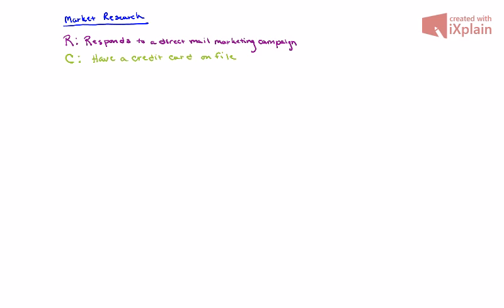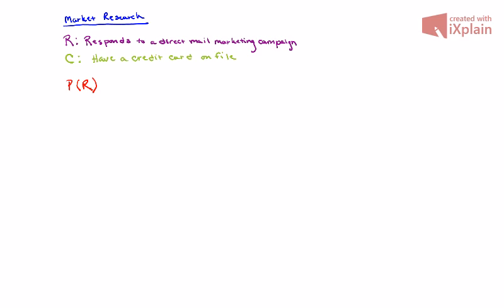So we are going to work with these two situations. As a market researcher for a company, we might be interested in the probability that someone will respond to our ad campaign. We are going to solely focus on people with credit cards with us and people without credit cards with us.